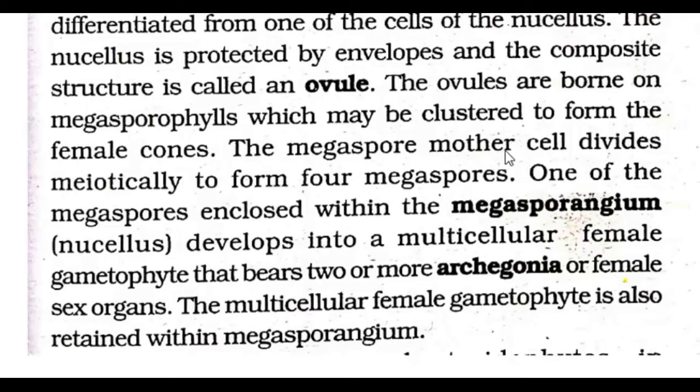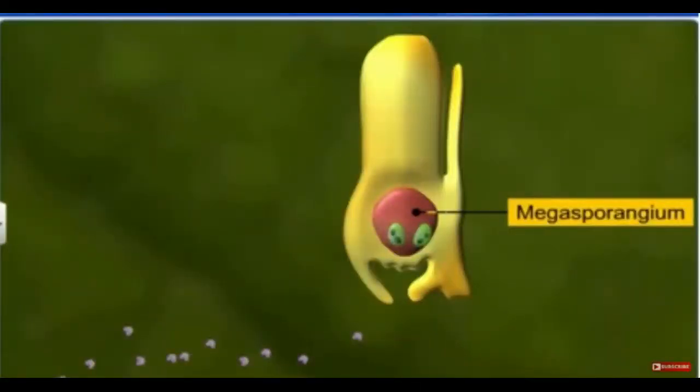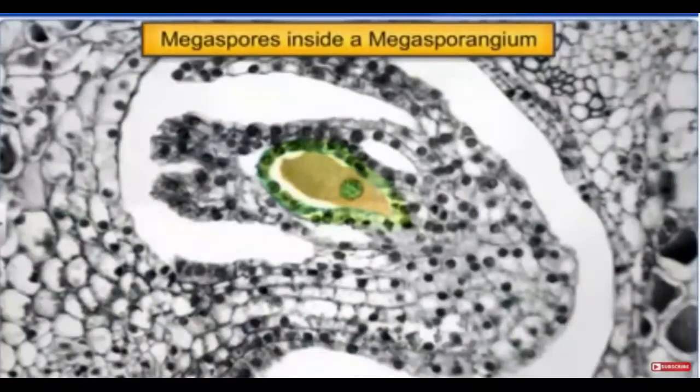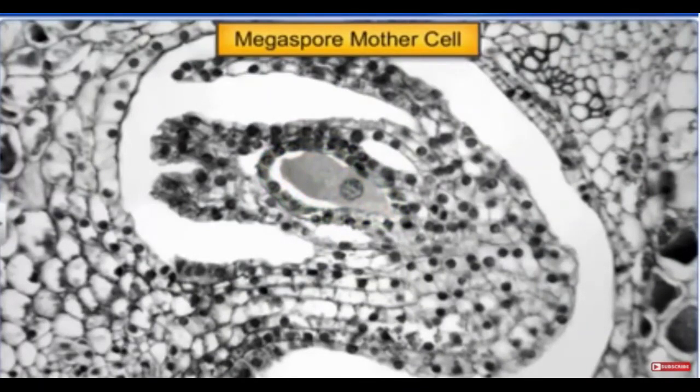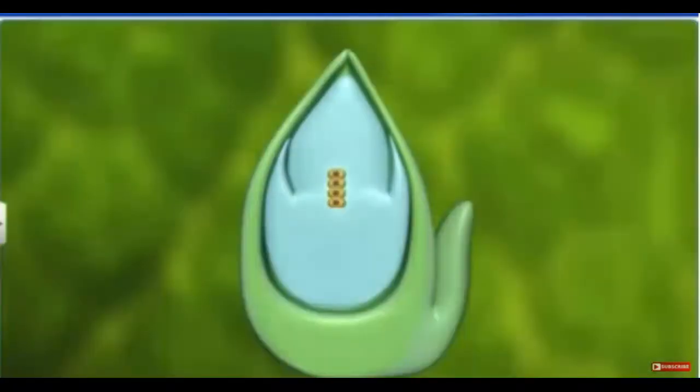The megaspore mother cell divides meiotically to form 4 megaspores. So listen once again. First we told that the megaspore mother cell is differentiated from one of the cells of the nucellus. Now this megaspore mother cell divides meiotically to form what? 4 megaspores.